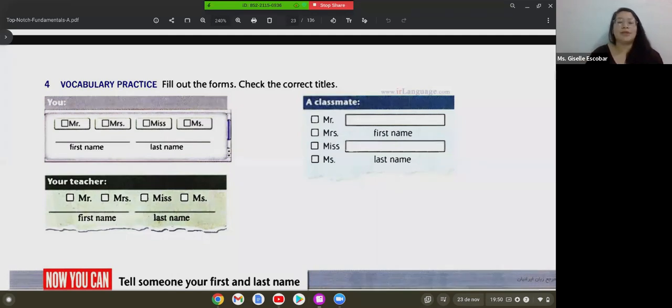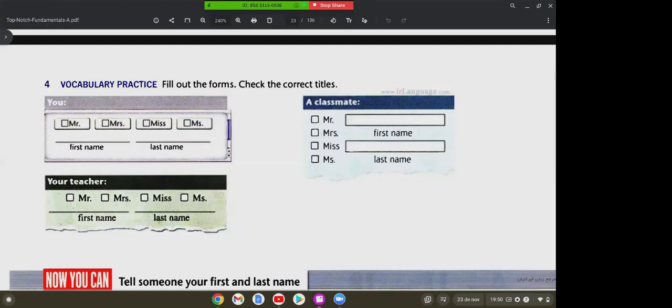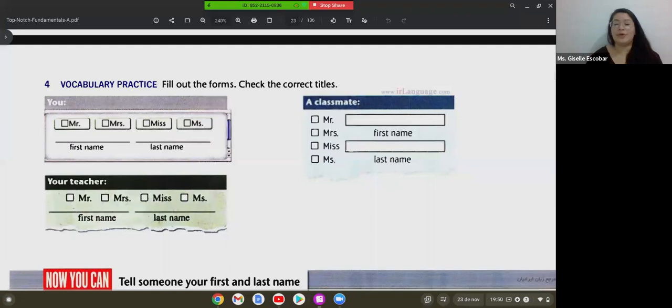Jim, can you read yours? Yes. Mr. Jim Landaverde, teacher Miss Giselle Escobar, classmate Mr. Alex Cruz. Awesome. Perfect. Thank you, Jim.